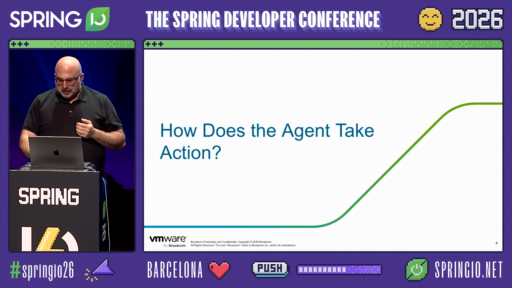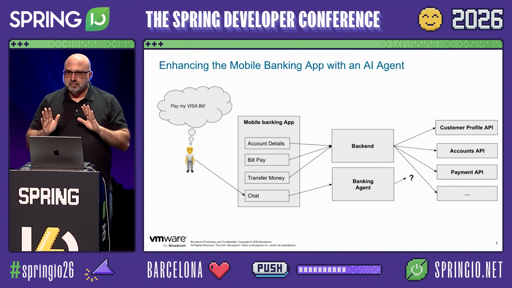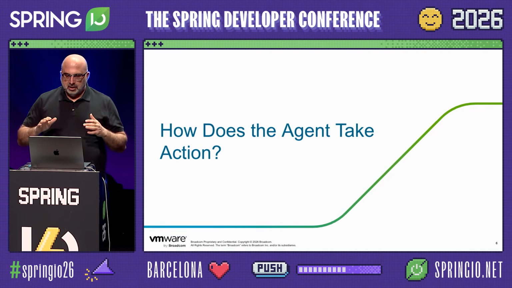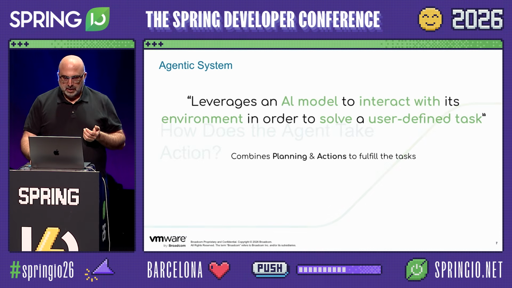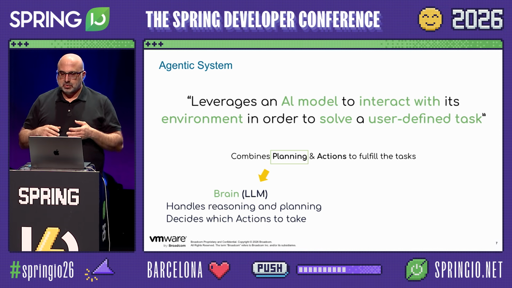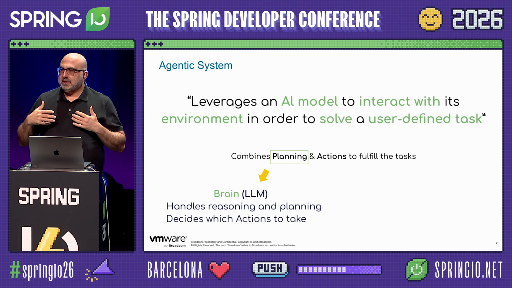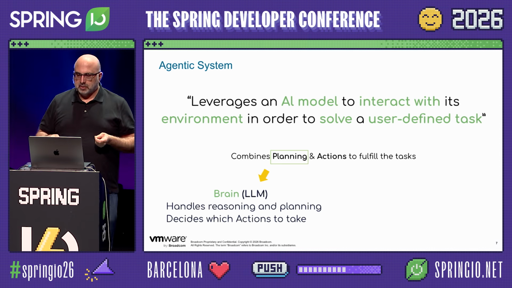Let's pause here for a second and take a step back to ask the question: how does an AI agent take action? Just to make sure everybody's on the same page, when we talk about an agent, we're talking about leveraging AI models to have the agent do something for a human. It has to solve a problem for you.